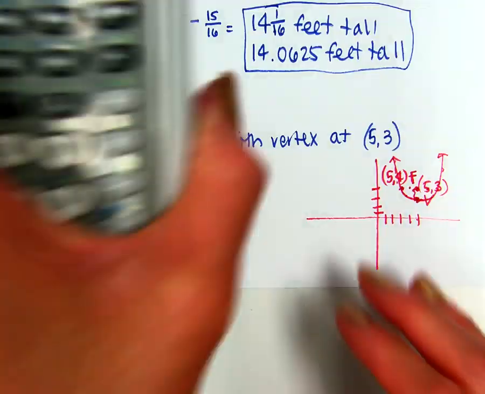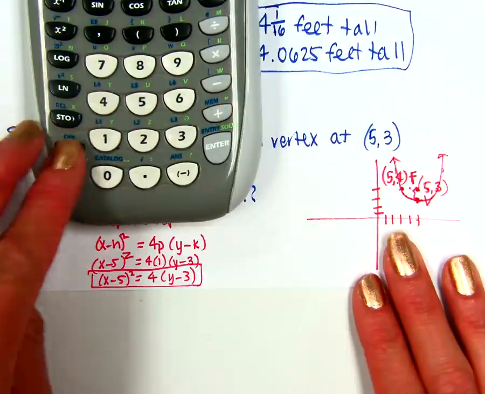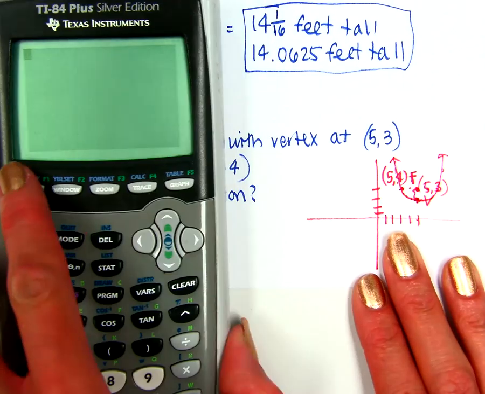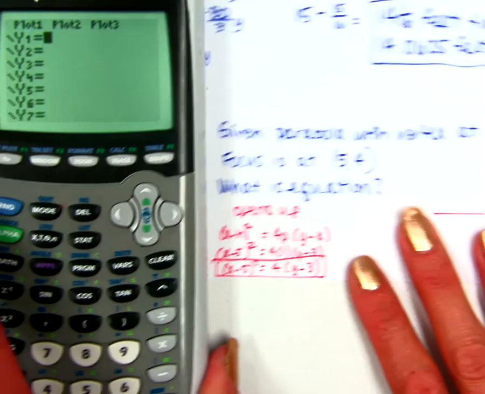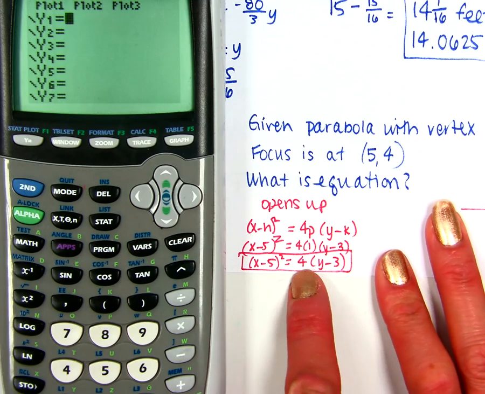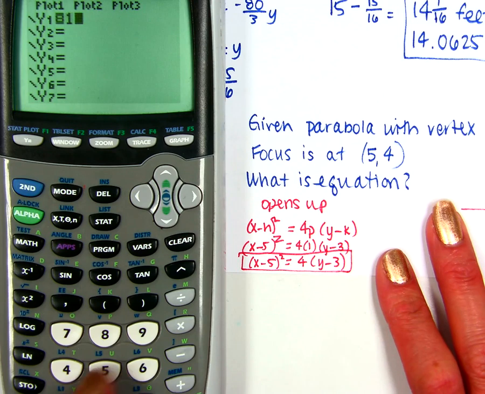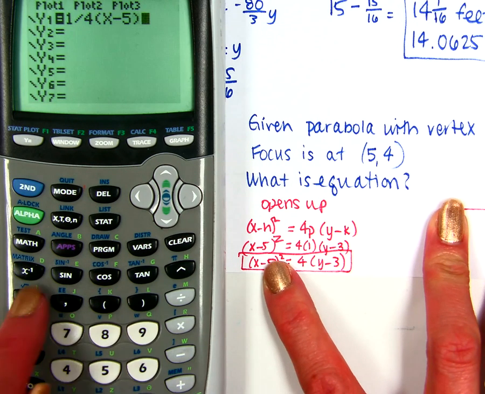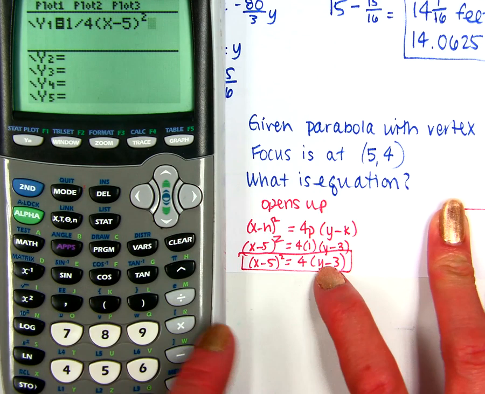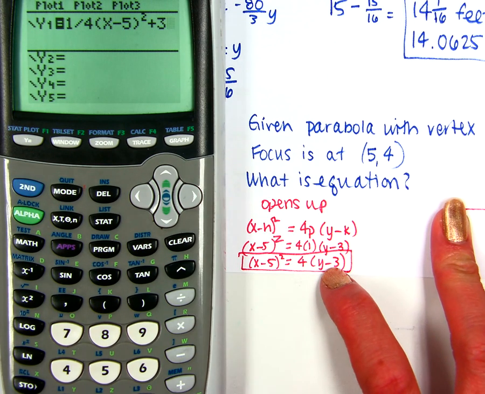Especially for this problem, we could solve for y. So if I were to divide by 4, I would get 1/4 times x minus 5 squared. And then I'd have to add 3 to both sides.